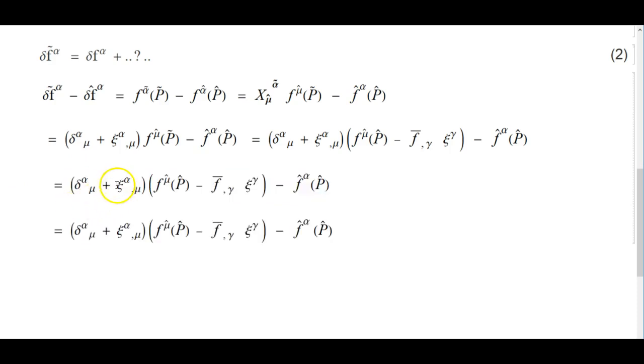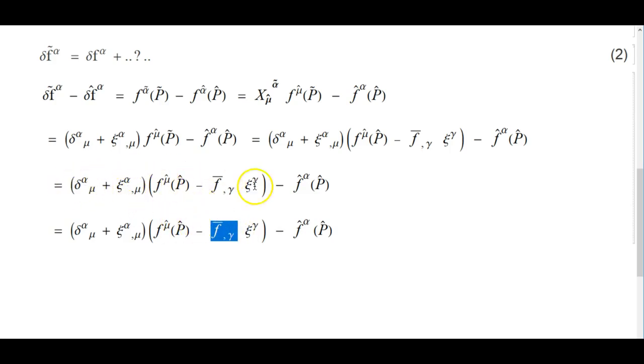Okay, now delta alpha mu, there are a total of 4 terms, and this xi alpha is a very small quantity. Its derivative with respect to mu is very small, and here xi gamma is very small. So this multiplied by this is a second order term. So let us remove this.